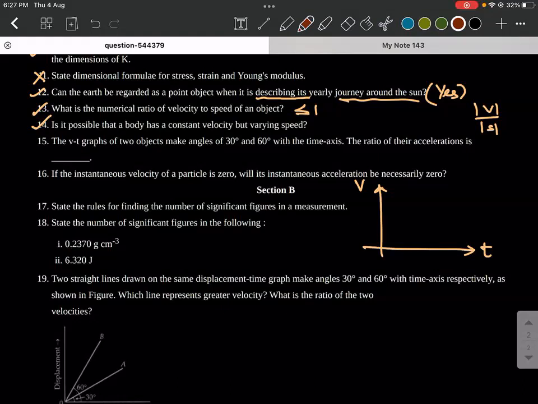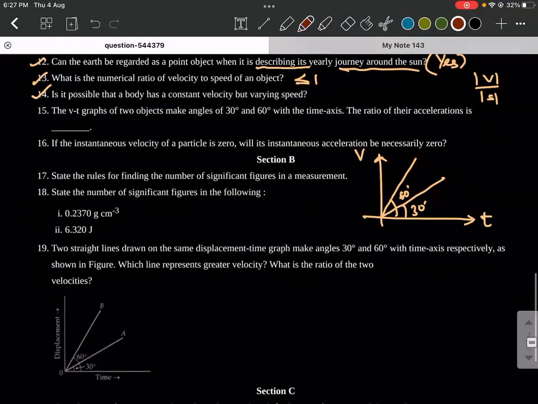So in a VT graph, there is one object making 30 degrees and another object making 60 degrees with the time axis. What is the ratio of their accelerations? If I take these as A1 and A2, A1 by A2 is equal to, what is the slope of a line?